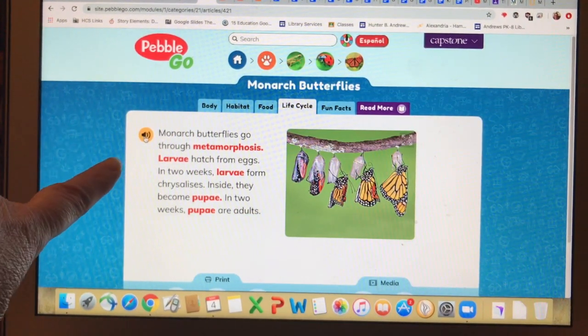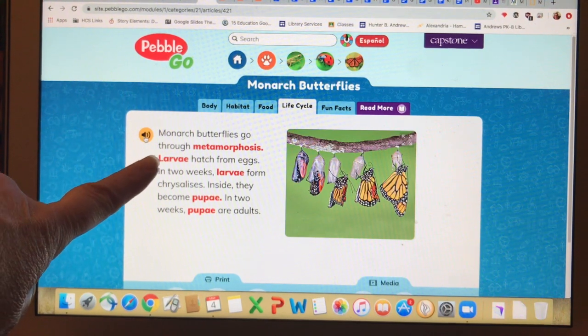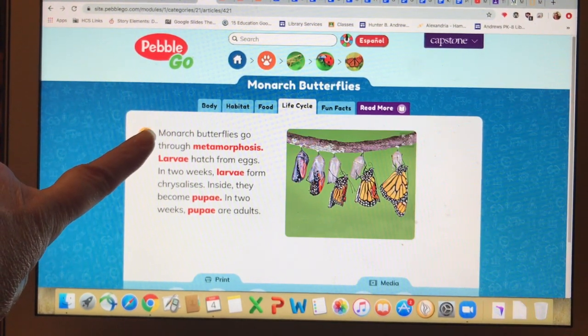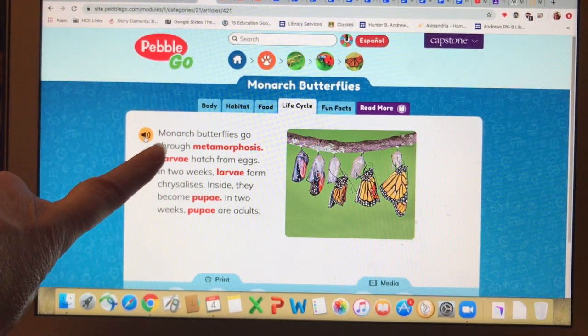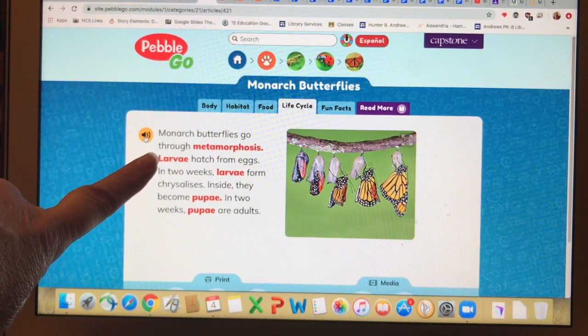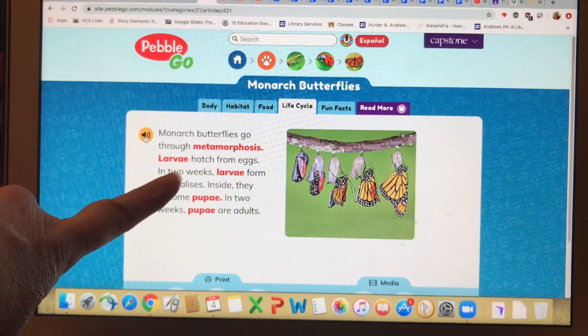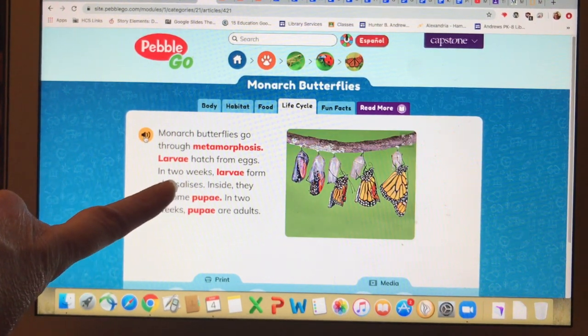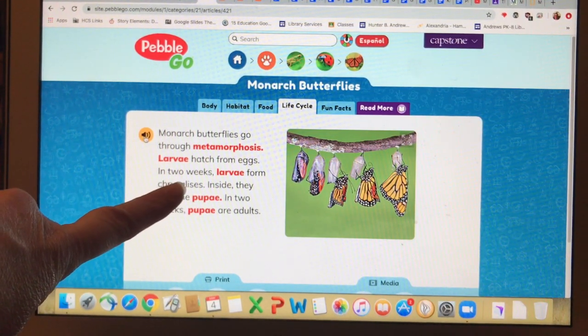So it tells us that it takes the caterpillars 2 weeks to become larvae. And once they do that, they form a chrysalis.